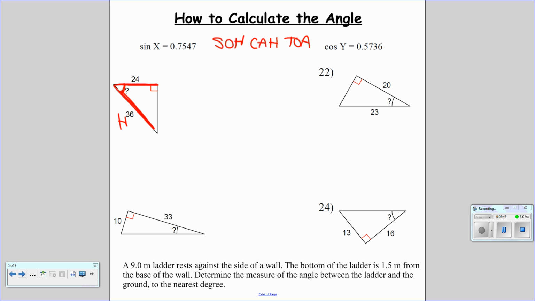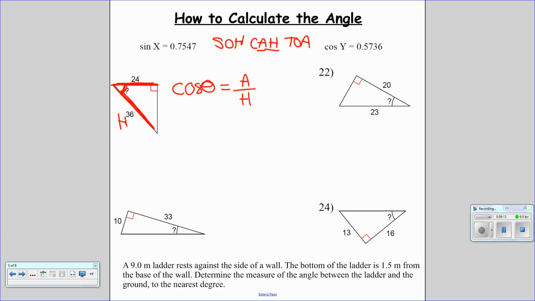Hypotenuse. That means I'm either dealing with sine or cosine, okay? My other side is adjacent to my angle. It's touching it, which means that I'm going to be using cosine because I have hypotenuse and adjacent. So the equation is cosine of theta is equal to adjacent over hypotenuse.